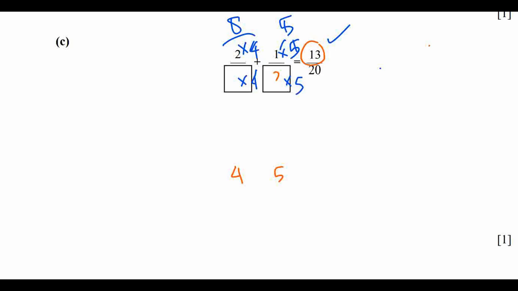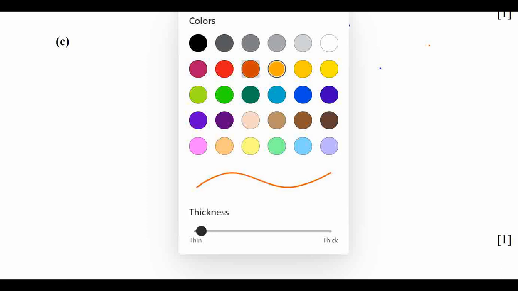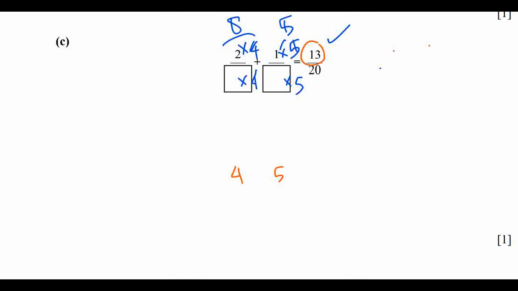It means the denominators in here will be, to make 20, this is 5, and to make 20, this is 4. So the answer will be 2 over 5 plus 1 over 4.